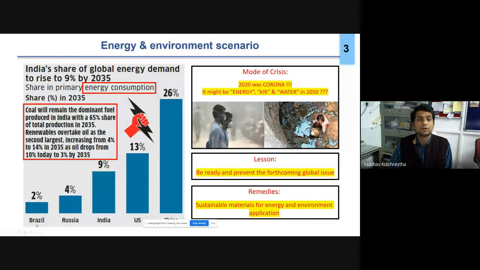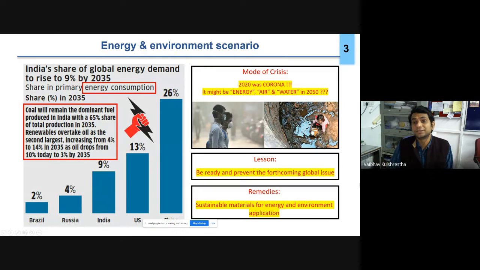By 2035 we need 9% extra energy, and in India coal will remain the dominant fuel produced, with a 65% share of total production by 2035. Renewables overtake oil as the second largest, increasing 4% by 2035 to reach around 14%.